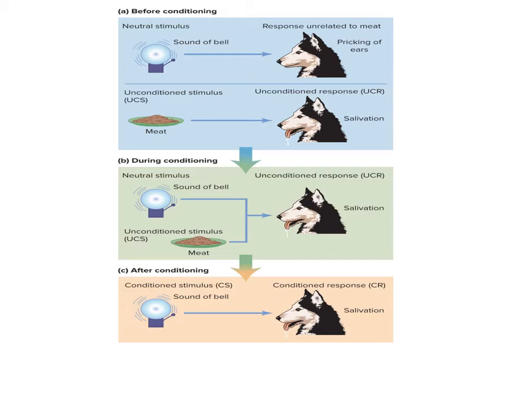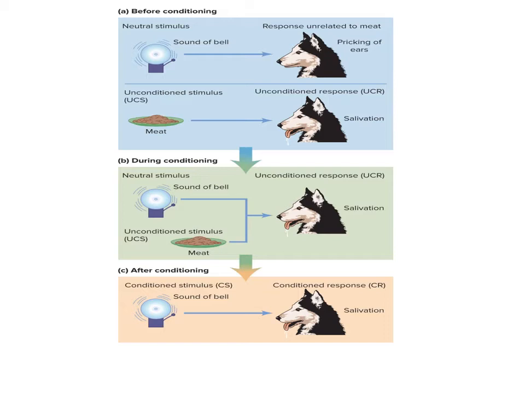So now, after conditioning, the last image is showing a dog looking at the bell and salivating. Because now, if I ring the bell, the dog will start salivating. My neutral stimulus is no longer neutral. That bell has turned into a conditioned stimulus. The conditioned stimulus of ringing the bell is going to generate a conditioned response of salivating.